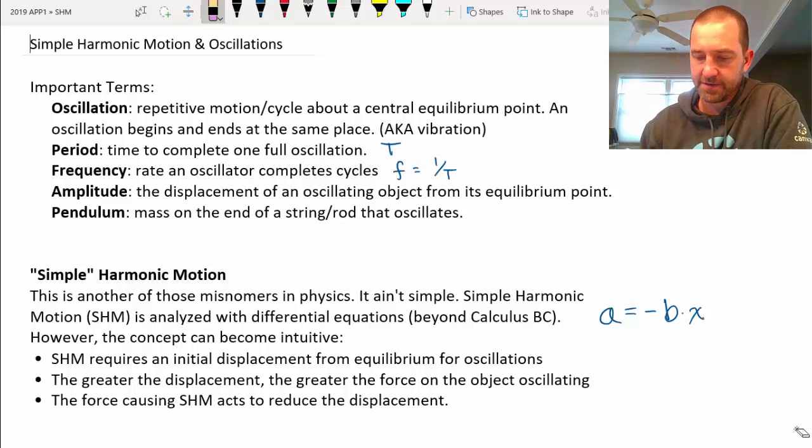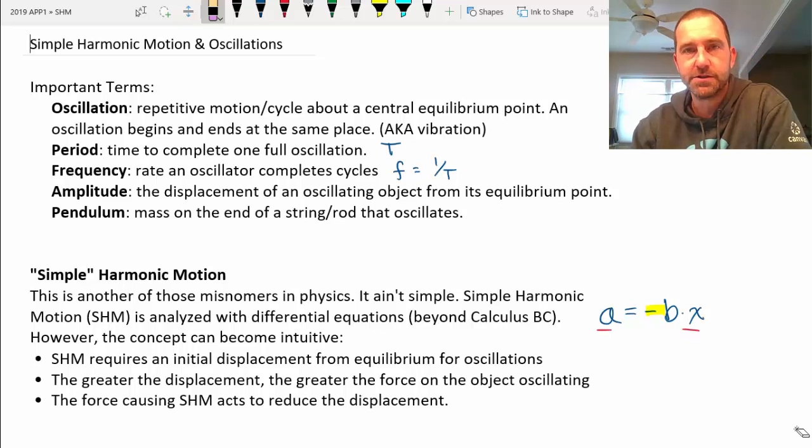So the negative is there to denote the last point, that it's trying to reduce, it's going opposite. The fact that these two are directly related to each other, if you double one, you double the other, that's the second bullet point.